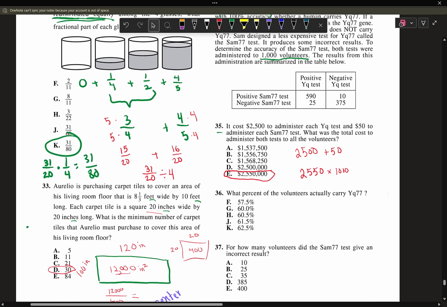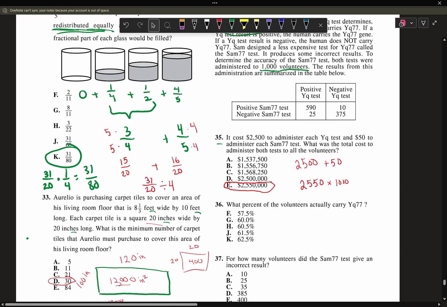What percentage of the volunteers actually carry YQ77? To do this, remember, with the SAM77 test, we want to kind of ignore the results here because it's going to be incorrect some of the time. We want to focus on the YQ test.